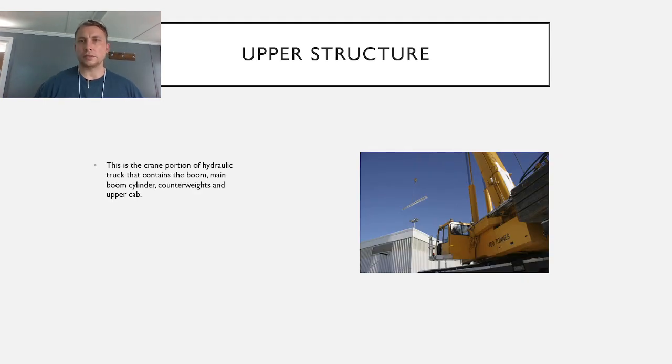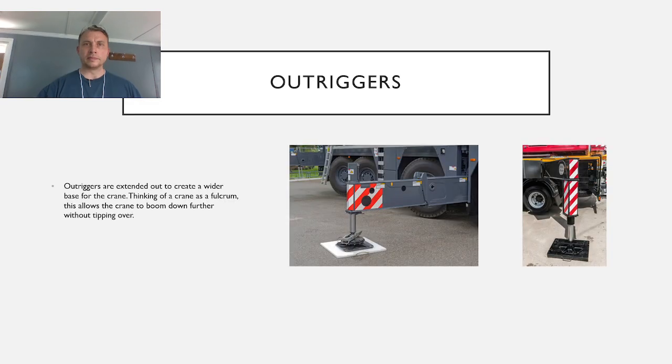Upper structure is everything above the lower structure, and this is going to have your boom, your main boom cylinders, your counterweights, your upper cab, and there are computer systems on both sides. But most of the time when you're talking about operating a crane, everybody's talking about the upper structure. The upper cab has a computer in there, and that's how you would set up a crane.